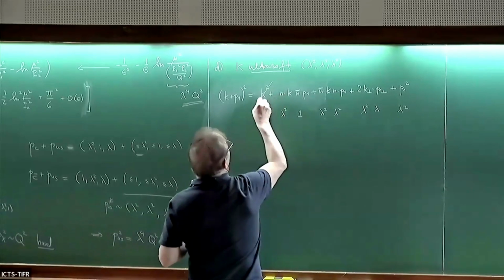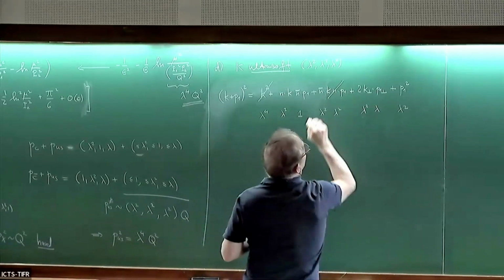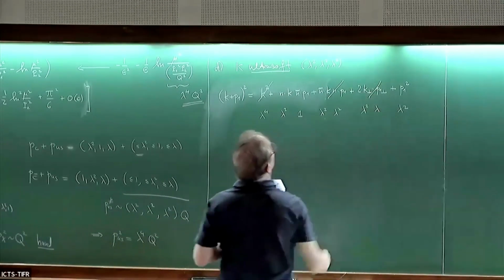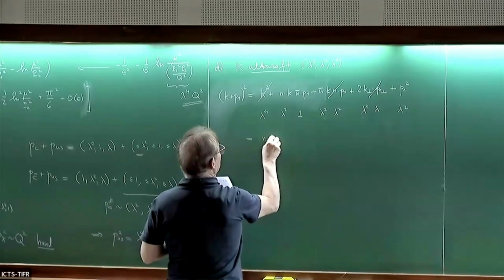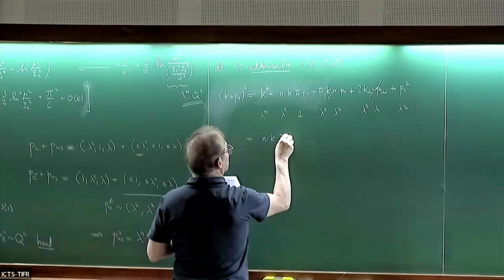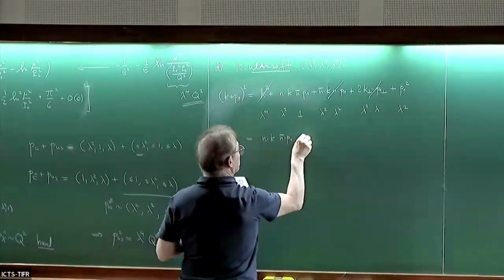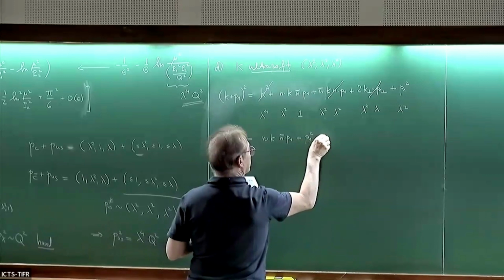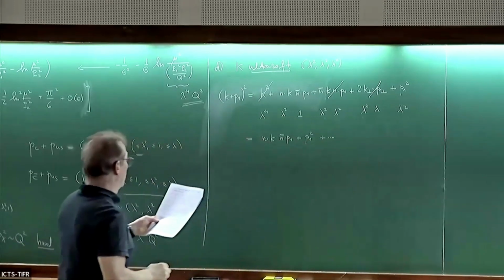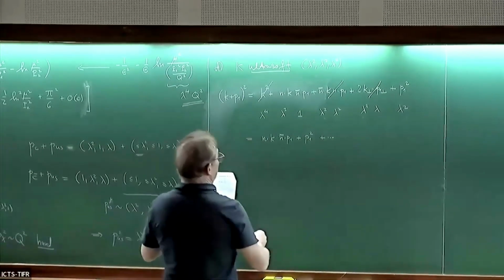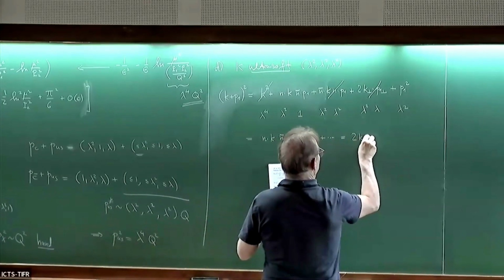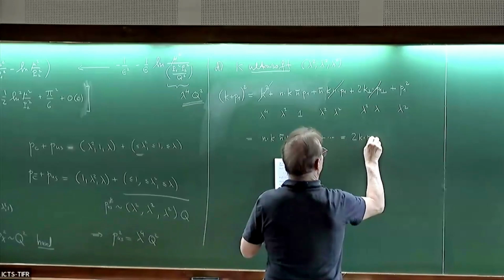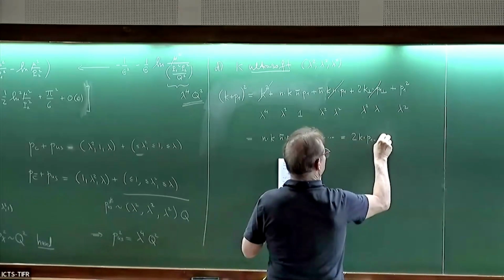So this can go, this can go, this can go. What remains is n dot K n bar dot P1 plus P1 squared, which I can write, by the way, as 2K dot P1 minus plus P1 squared.